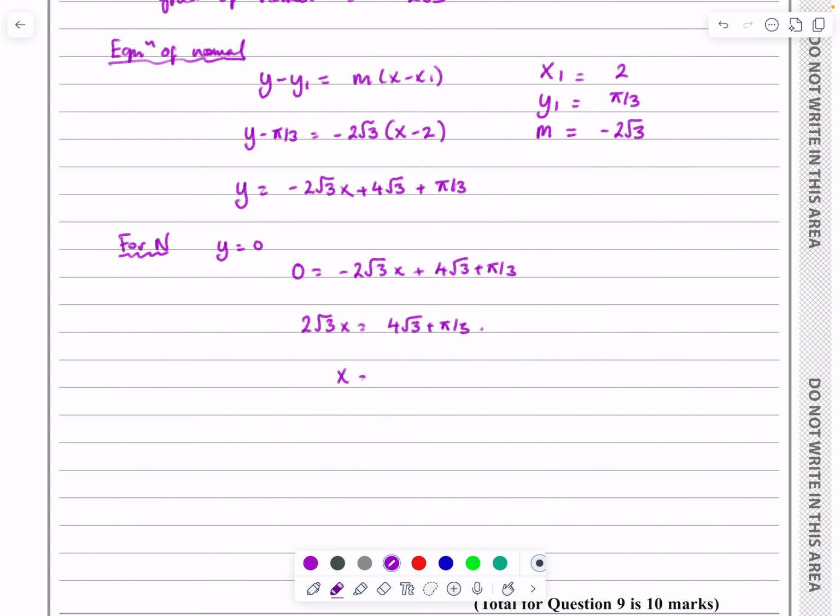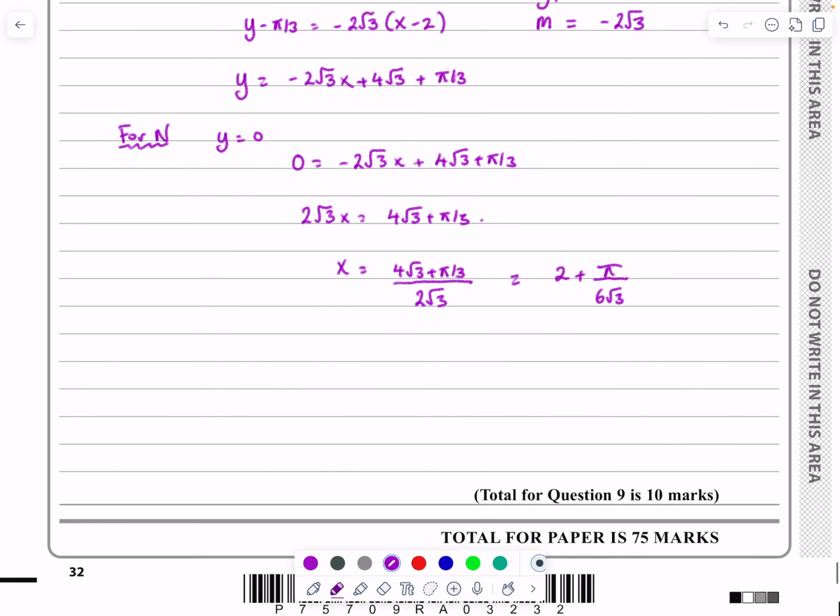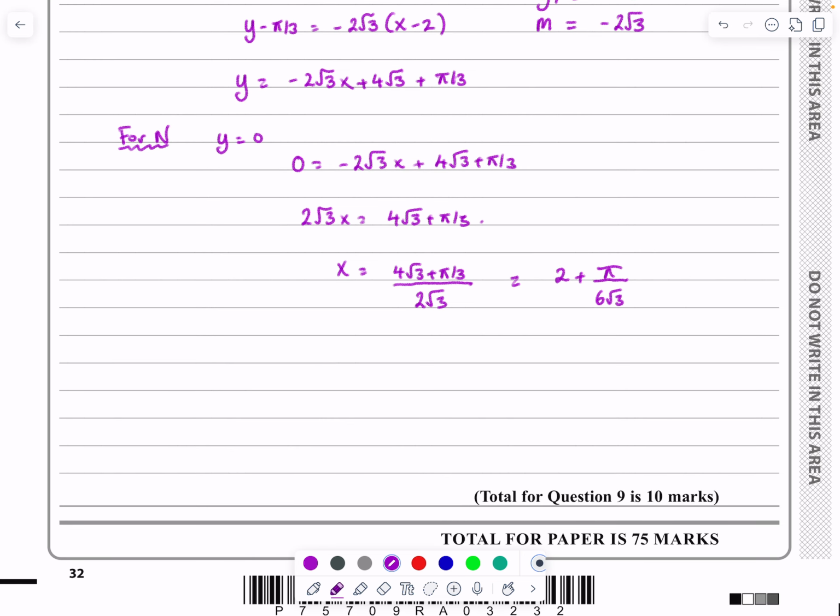So x is going to be equal to 4 root 3 plus pi over 3, all over 2 root 3. Let's tidy that up a little bit. 4 root 3 over 2 root 3 is 2, and pi over 3 over 2 root 3 is pi over 6 root 3. That'll be good enough to work out my n.